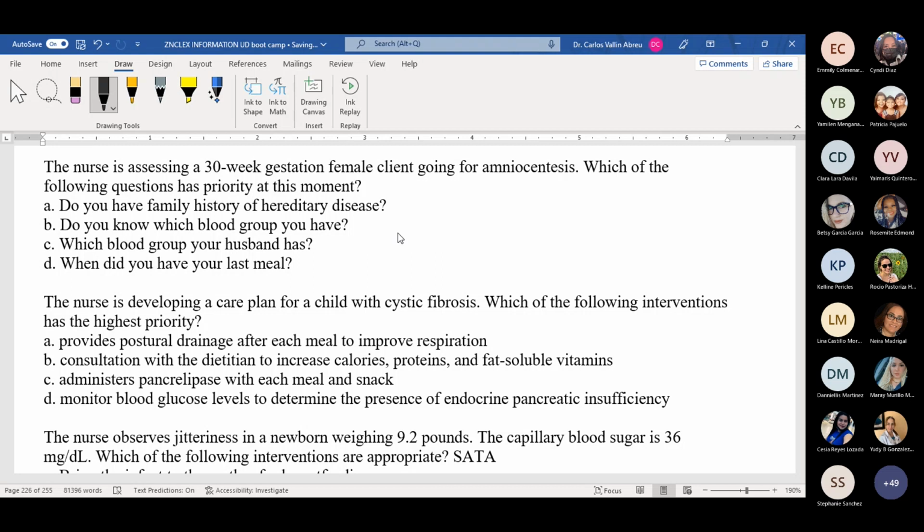amniocentesis, which is an invasive procedure, must be done at this time, and is to evaluate the fetal wellness in case of diseases.